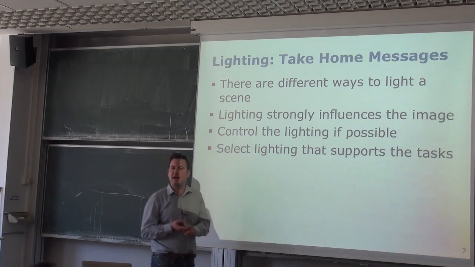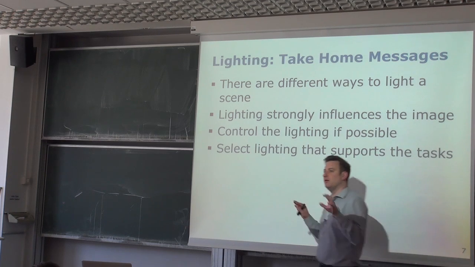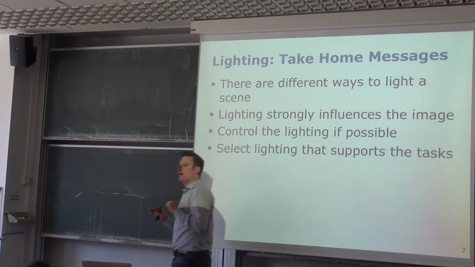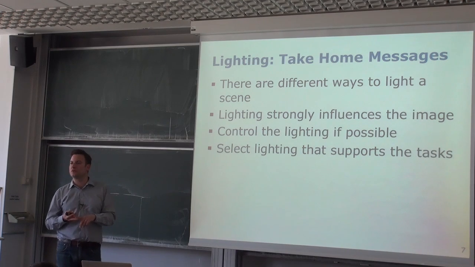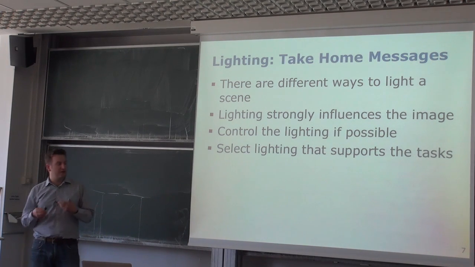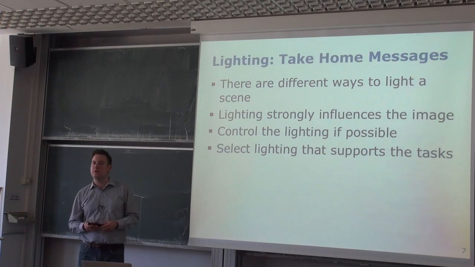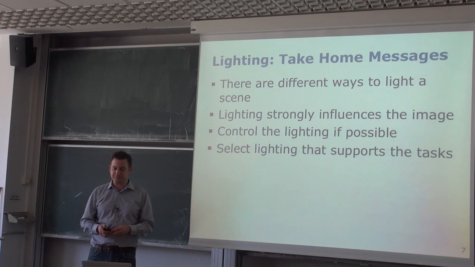We should control the light if we are able to do that. So it's the thing which is external to the camera. If we can control it, we should control it, or we should make sure that we have similar conditions among images. This simplifies all the analysis tasks or further tasks that we plan to do with the images later on.